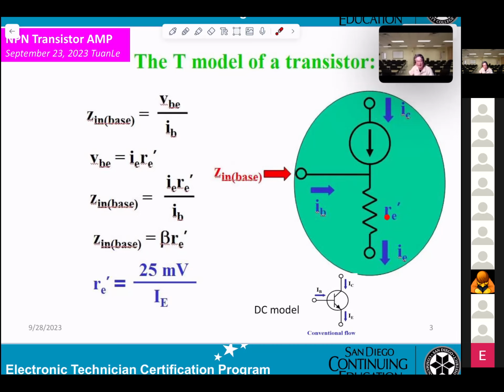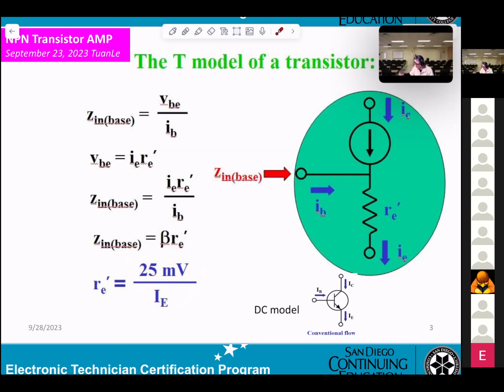Before you get a diode for DC, this is a diode here. However, for AC, it turns out to be an internal resistance. And this resistance is calculated by this formula: r'e equals 25 millivolts divided by IE for the transistor.